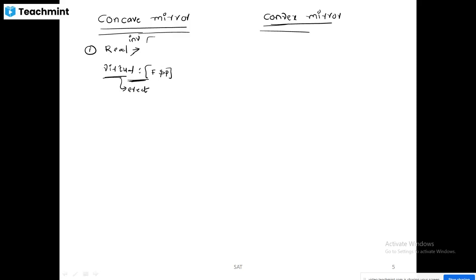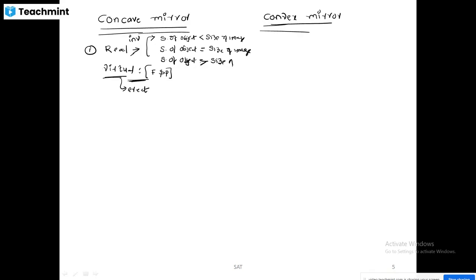But in the real image case here, sometimes the size of the object is less than the size of the image, and sometimes the size of the object is equal to the size of the image, and sometimes the size of the object is greater than the size of the image.